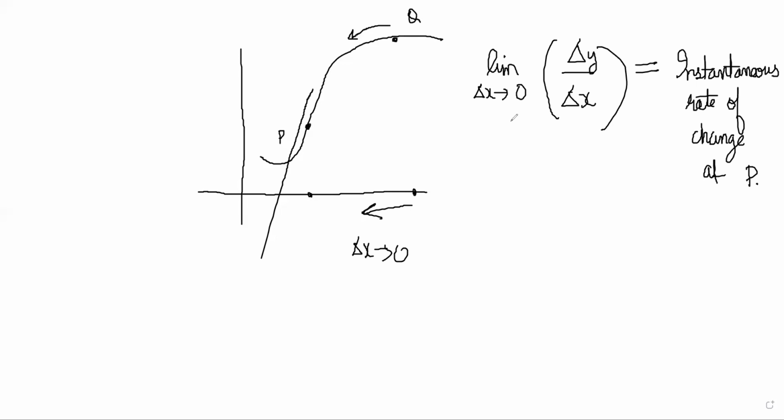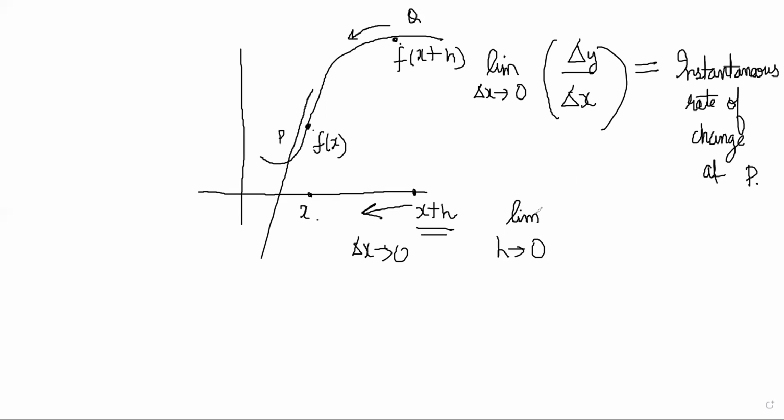Okay. So what does this mean? How can we write it in a different way? If this point is x and this point is x plus h, then this function value is f of x plus h, and this function value is f of x, right? So if you say h tends to 0, x plus h will tend to x only, right?